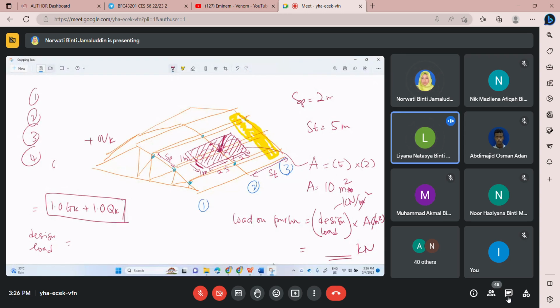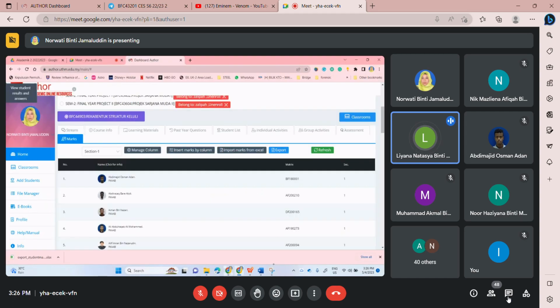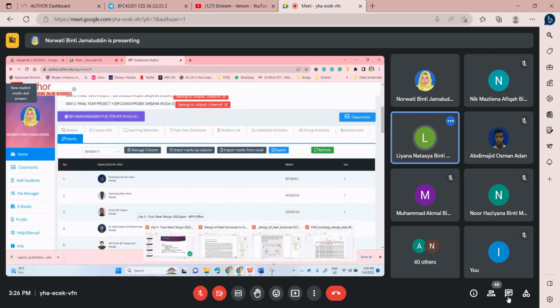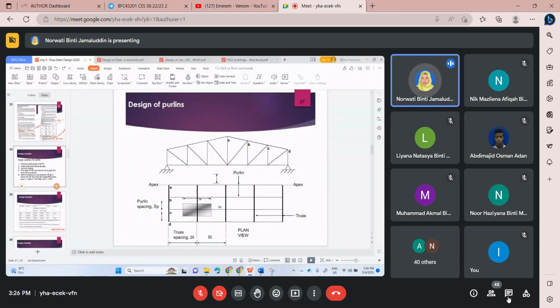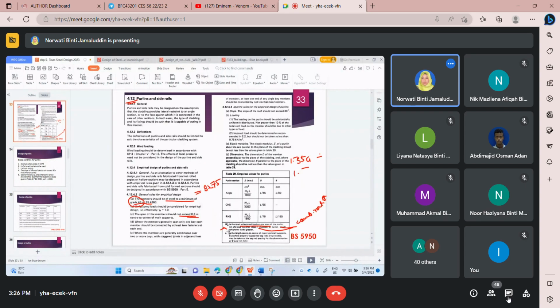Doktor, boleh tahu tak kenapa guna 1.0 GK dengan 1.0 QK? Tak faham lah Doktor. Sebab, remember this one? It said unfactored load. Saya nak gunakan empirical method.